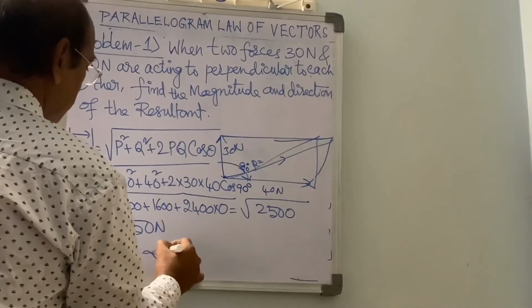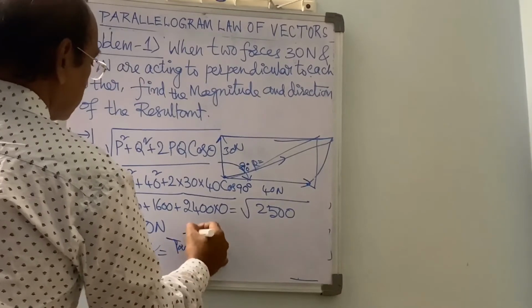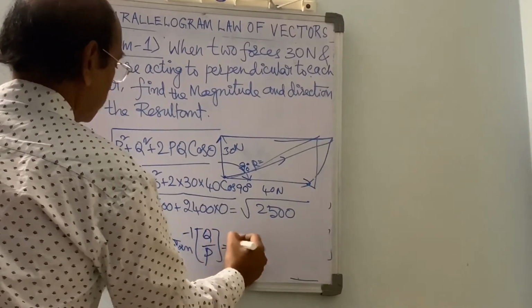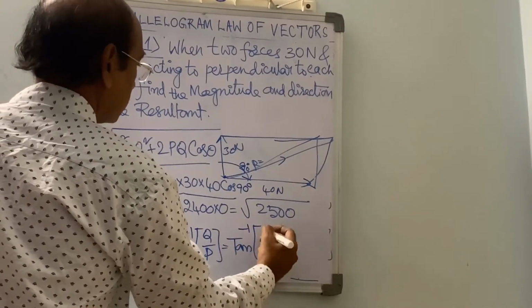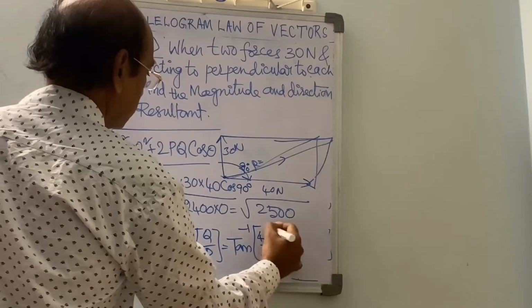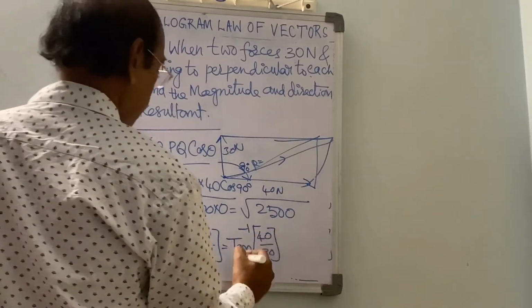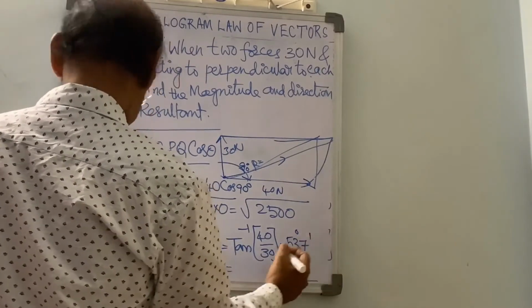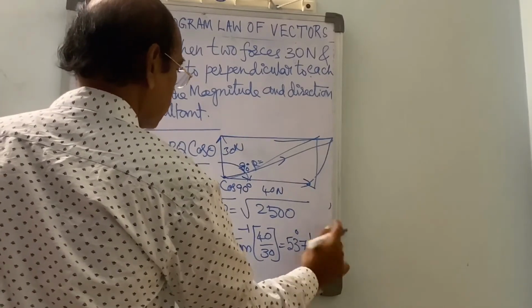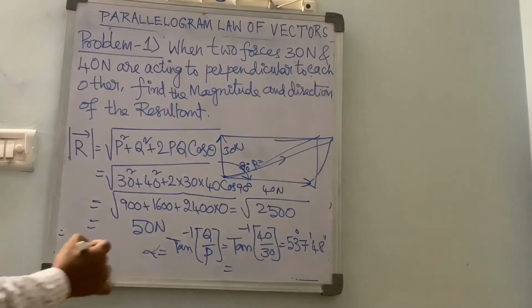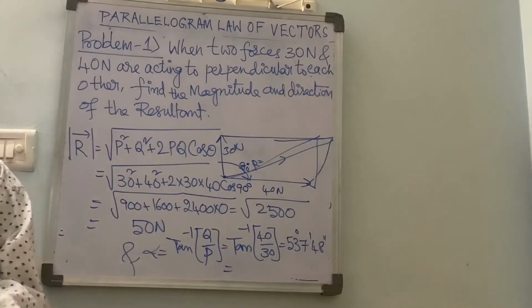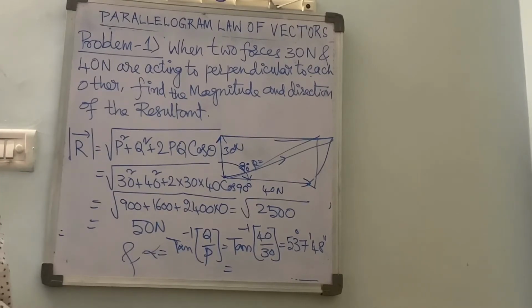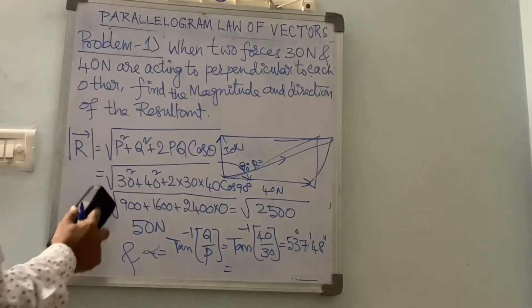And alpha is equal to tan inverse q by p, that is tan inverse 40 by 30, which is 4 by 3, and that is equal to 53 degrees 7 minutes 48 seconds.